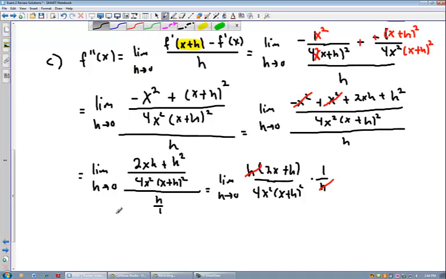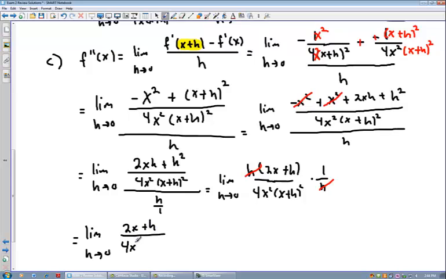And I'm left with this being equal to the limit as h goes to 0 of 2x plus h divided by 4x squared quantity x plus h squared. And hopefully the indeterminate form went away when I crossed off those h's, and it did.